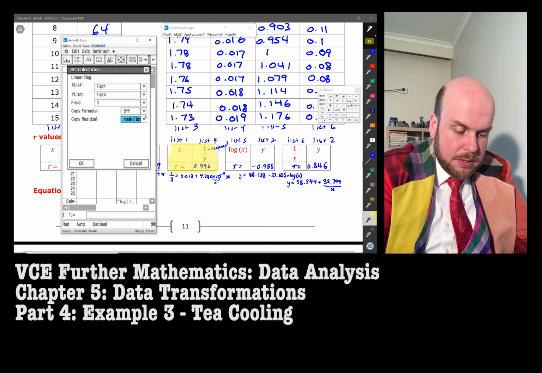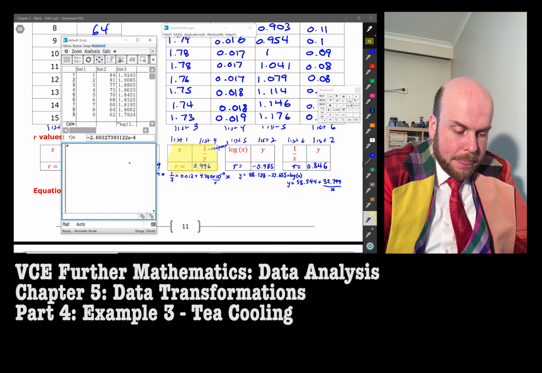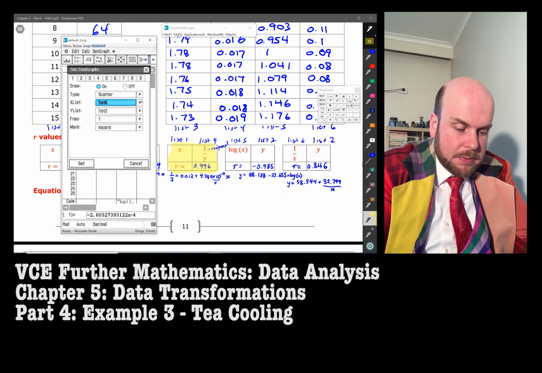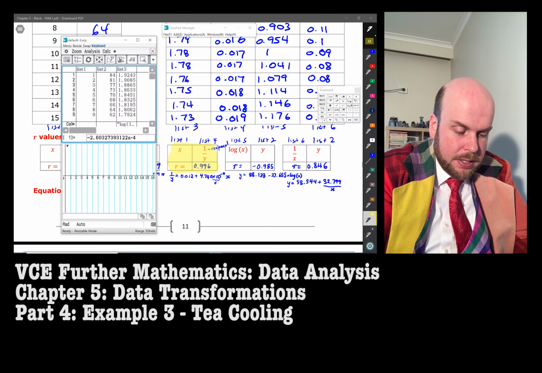I'm going to copy the residual into list 7. So okay. Yep. And then we're going to get that. So there's the residuals there in list 7. So what I'm going to do is have a look at the scatter plot of that. So the x values are list 1, and we're going to use list 7.